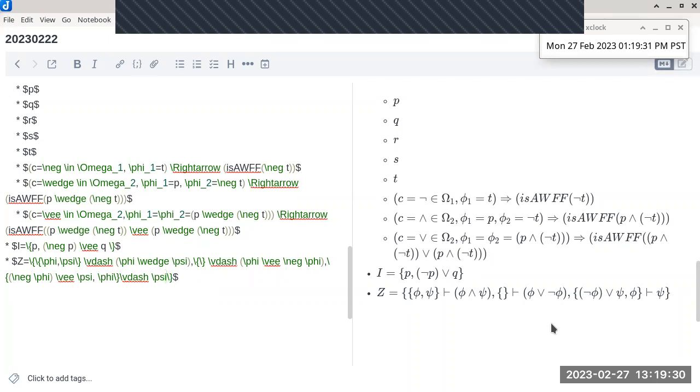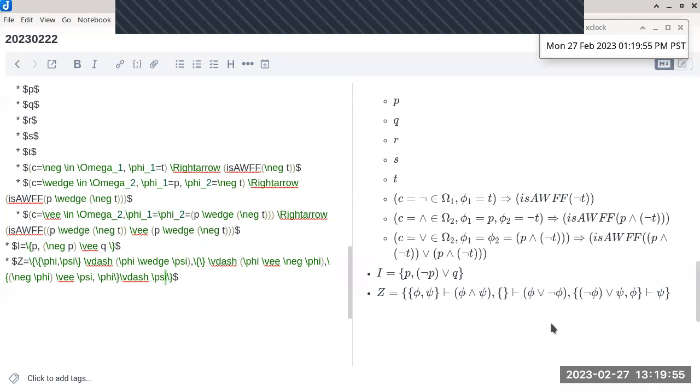Then for I, if that negated P was changed to just P or Q, it would still be well formed, but it would not be useful in our example. Because we have this rule over here, we can apply this rule once.